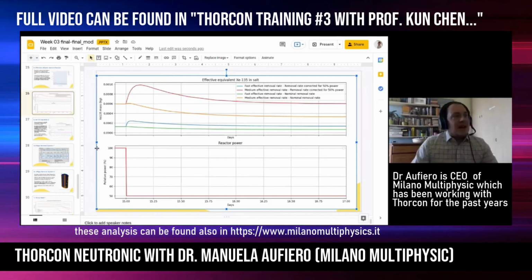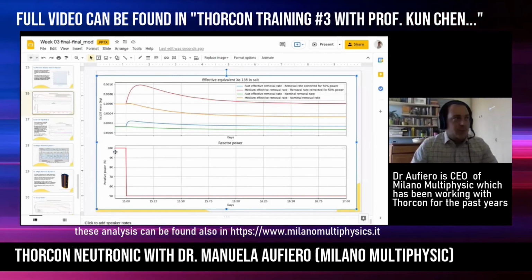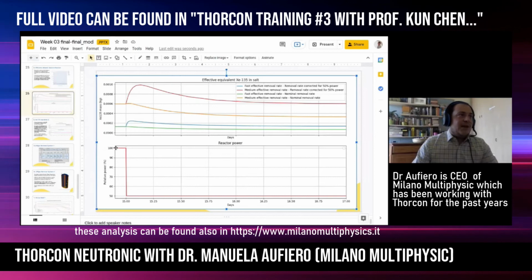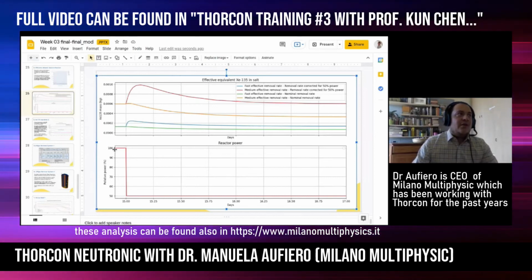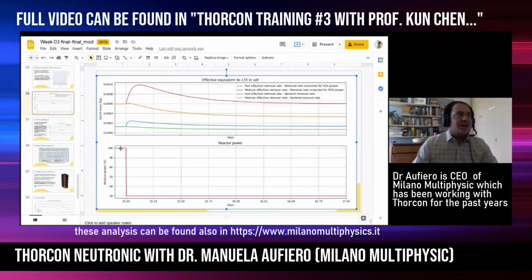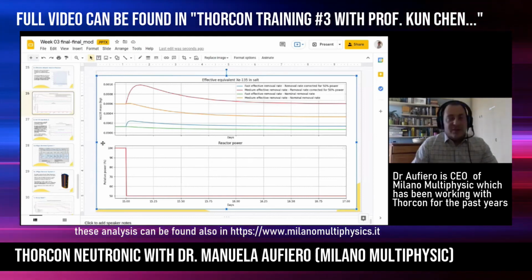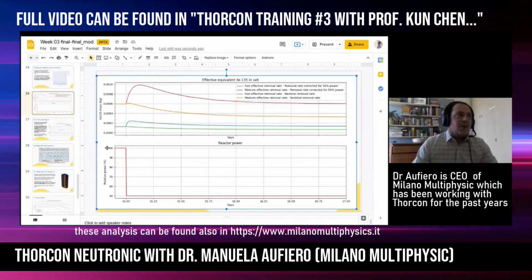Let's imagine a change in reactor operation with the ThorCon reactor that has been operated in steady state for a long time, let's say for 15 days at full power or 100% nominal power.